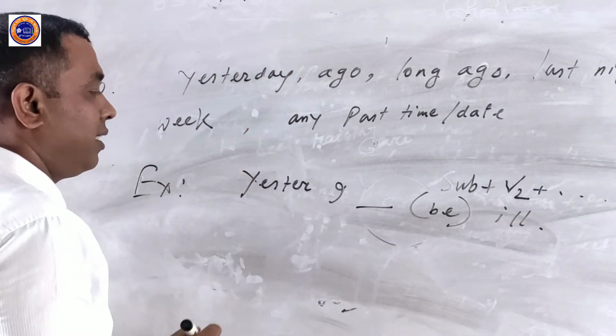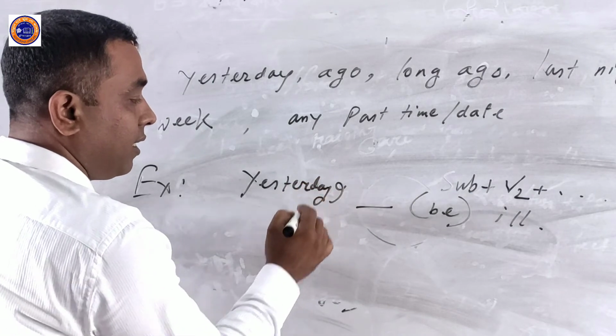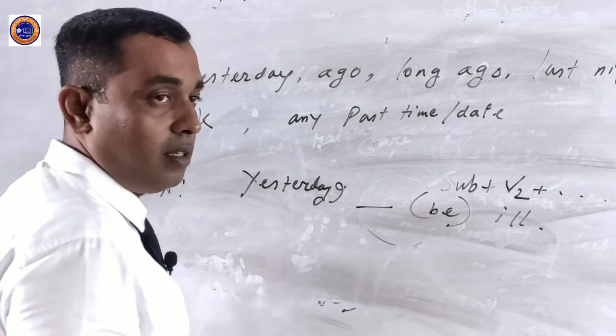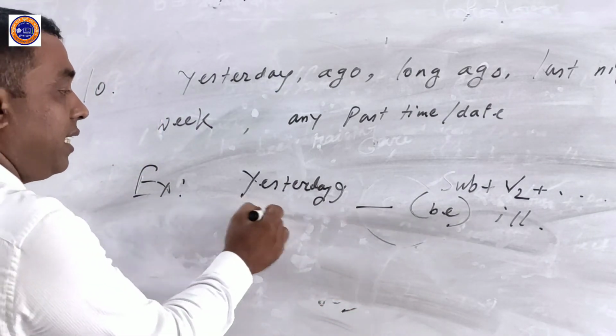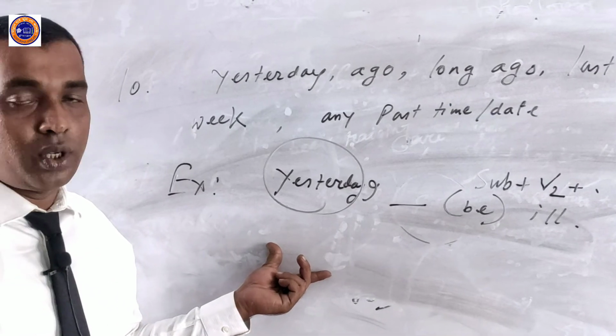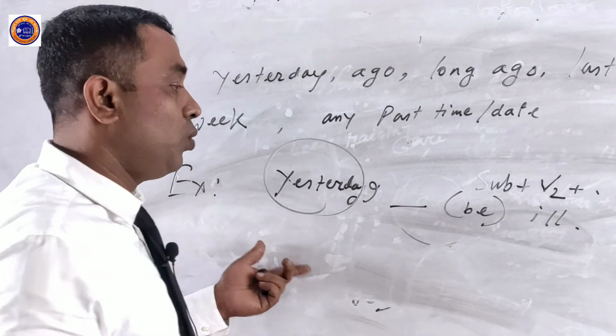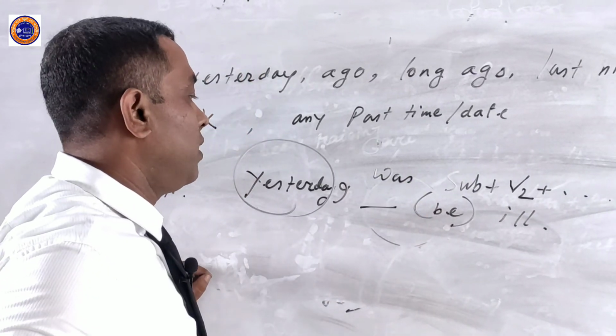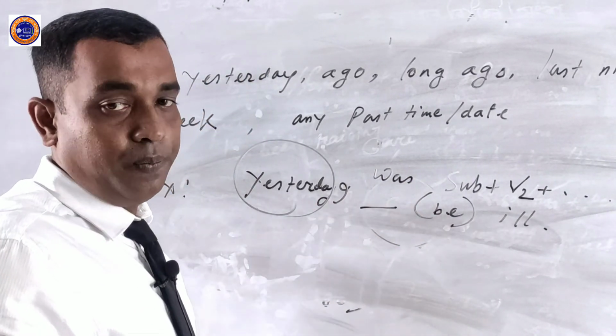Dear students, yesterday is present here, so you must understand that this sentence will be past indefinite tense. So you have to use the past form of the verb. The correct sentence is: I was ill.